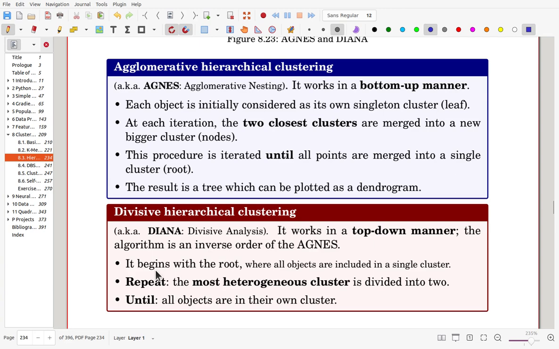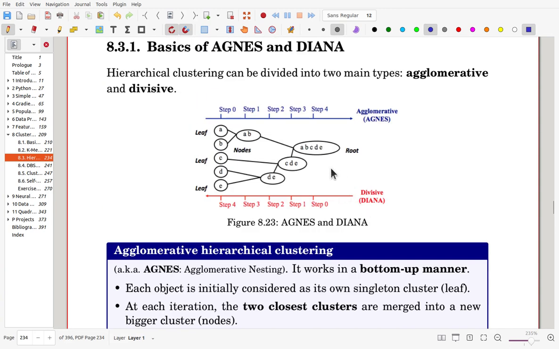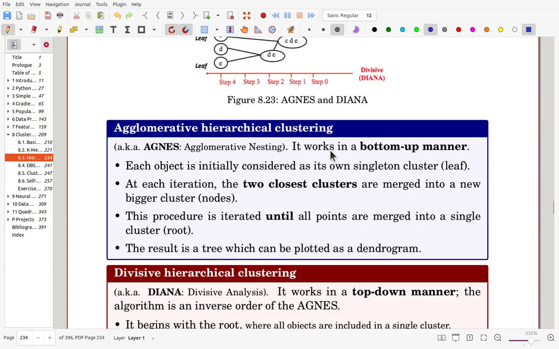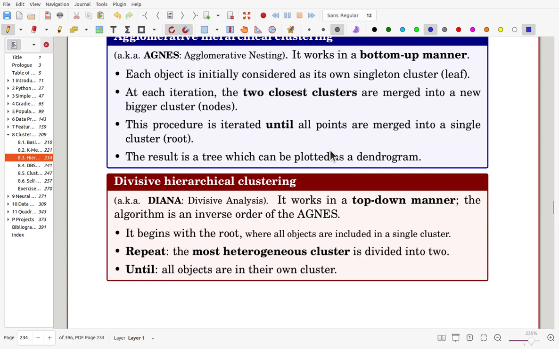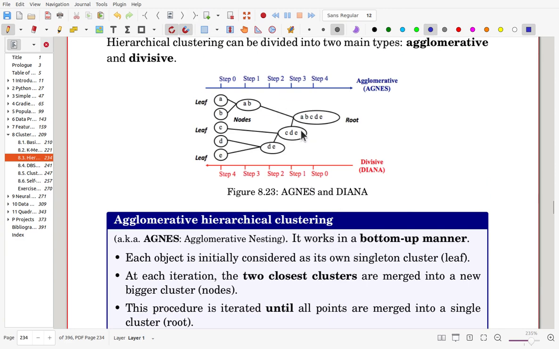It begins with the root, that means here in the top, and starts with one cluster, including every point, and repeatedly the most heterogeneous cluster is divided into two until all objects are in their own cluster, so it works in a top-down manner.